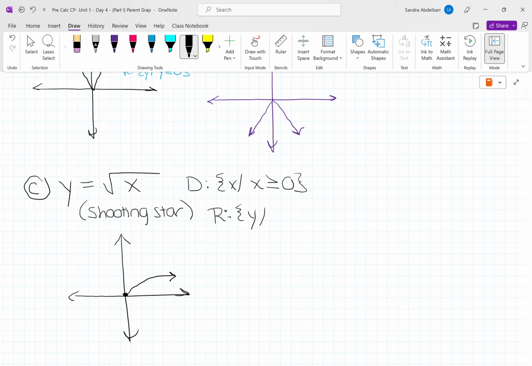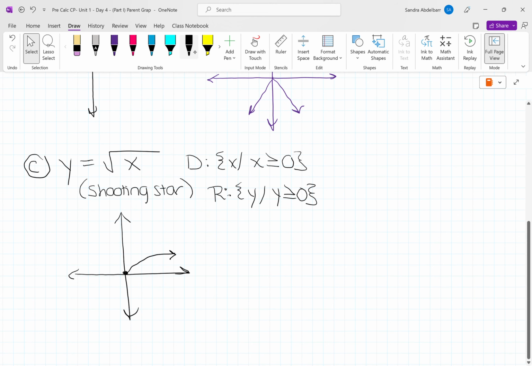Looking at the graph, what's the range? Somebody besides Erin. Somebody else, and not Luke. Somebody different. You got it. Y such that y is greater than or equal to 0. Are you guys having a hard time recognizing it from the graph, or are you all just tired and not participating?